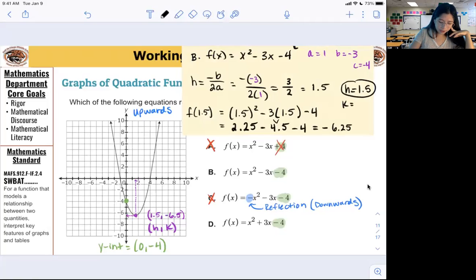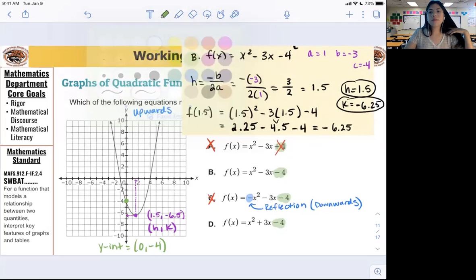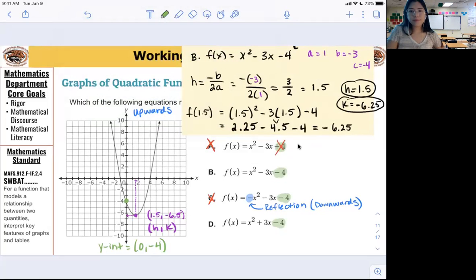So how do we feel about answer choice B? Should I circle it or no? Do we have a match? H comma K. I got 1.5 comma negative 6.25.